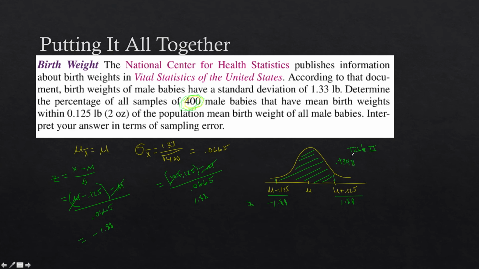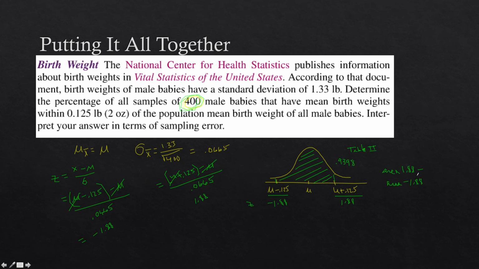Remember what we're trying to do. Go back to Chapter 6 if you have to. When you're finding the area in between, it's the area to the left of 1.88 minus the area to the left of negative 1.88.